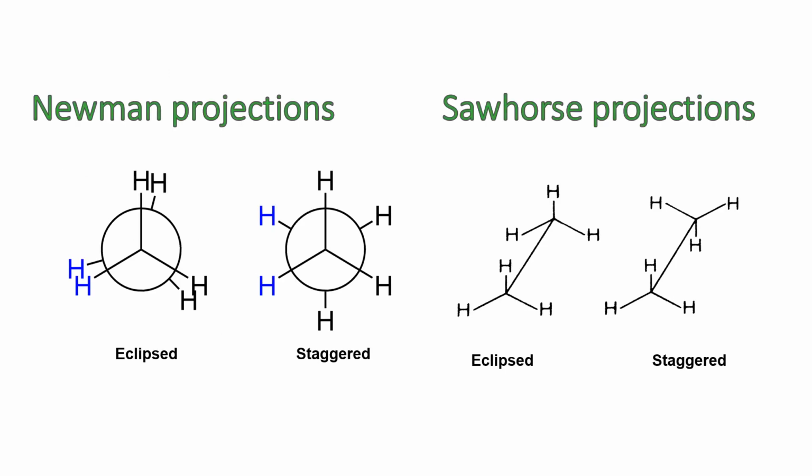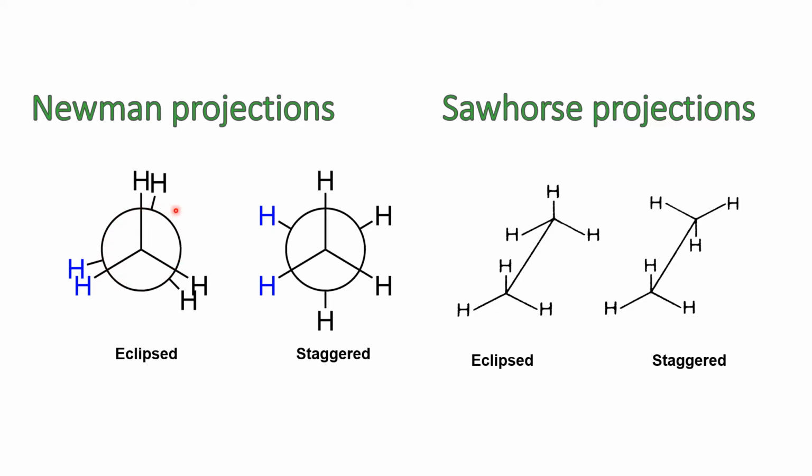Initially, we will discuss conformational isomers, how they are expressed. There is the Newman projection wherein the front carbon atom is depicted by a center which is at the intersection of three different lines, and the rear carbon, the carbon which is behind this, is shown in the form of a big circle.